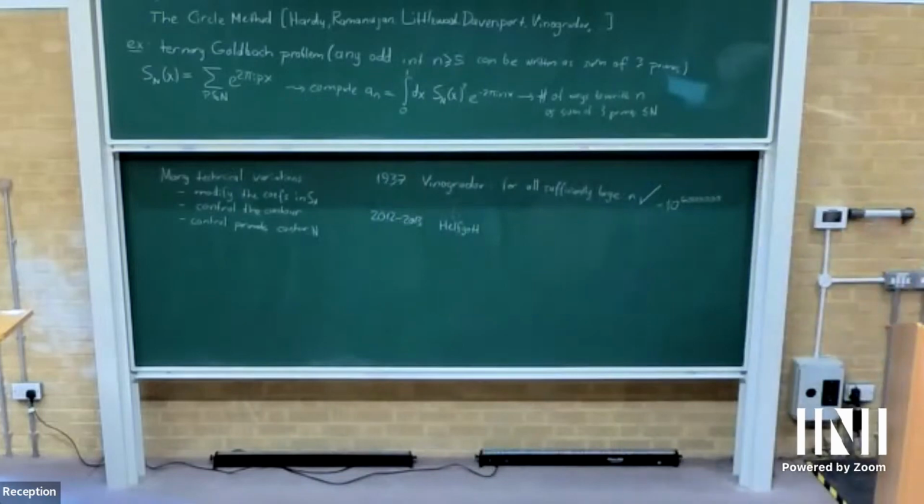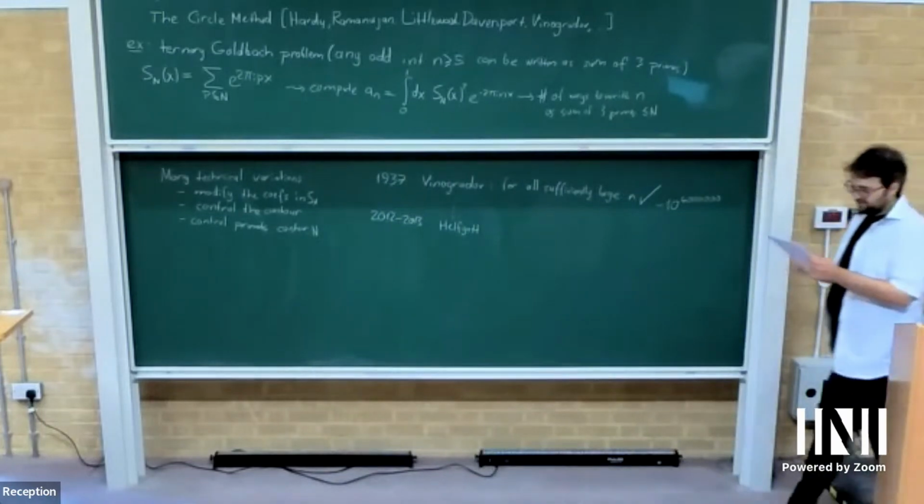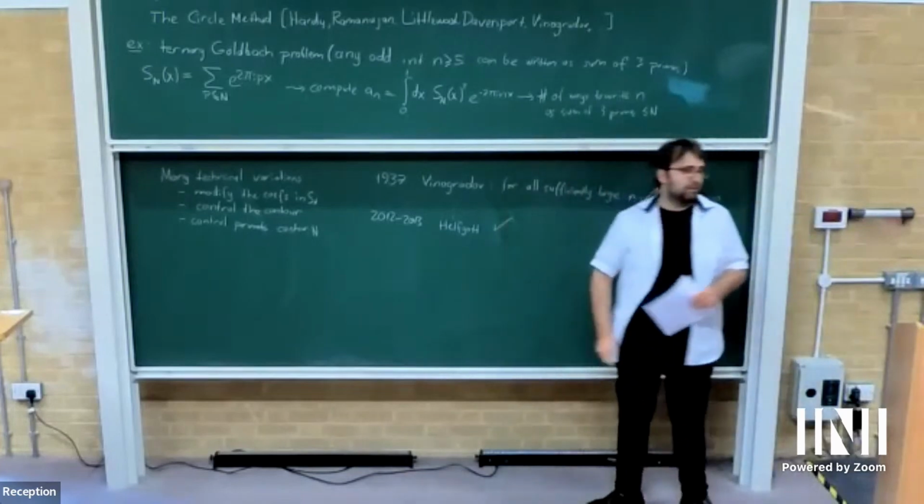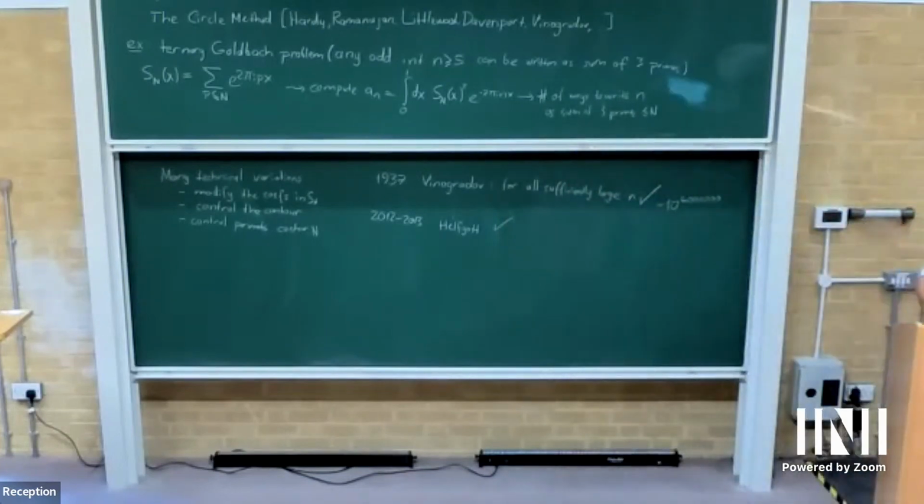And now we have a proof of the ternary Goldbach conjecture. You check up to some number and then the rest follows. Yeah, still fairly large numbers, but it's very technical work on both fronts: on the technical front to bring down the number, and on the computational front to check as many numbers as you can.